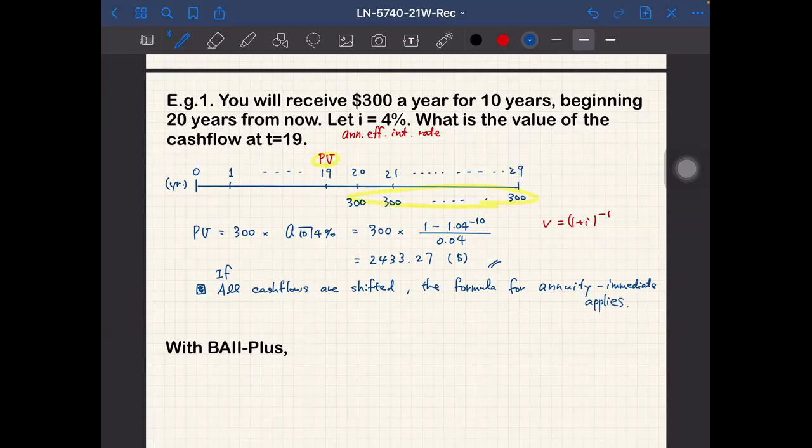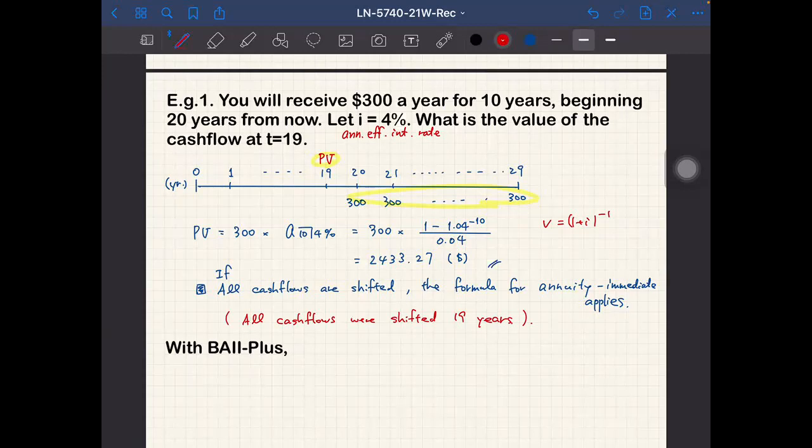In this case, we shift by 19 years in this example.